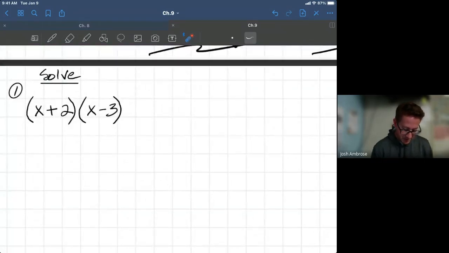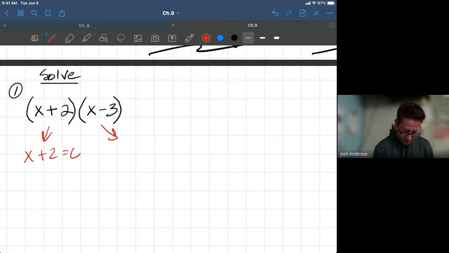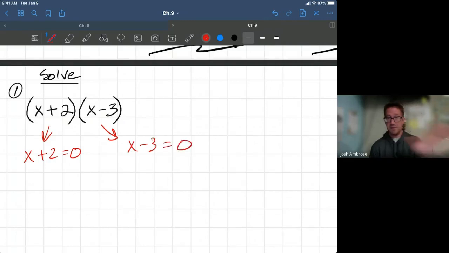Here, what they do is they give us binomials. We're going to have to set them individually equal to 0 and solve them. That's all we're doing. X plus 2 equals 0. X minus 3 equals 0. Solve them separately, individually. Okay, simple enough. -2 minus 2, x equals -2.